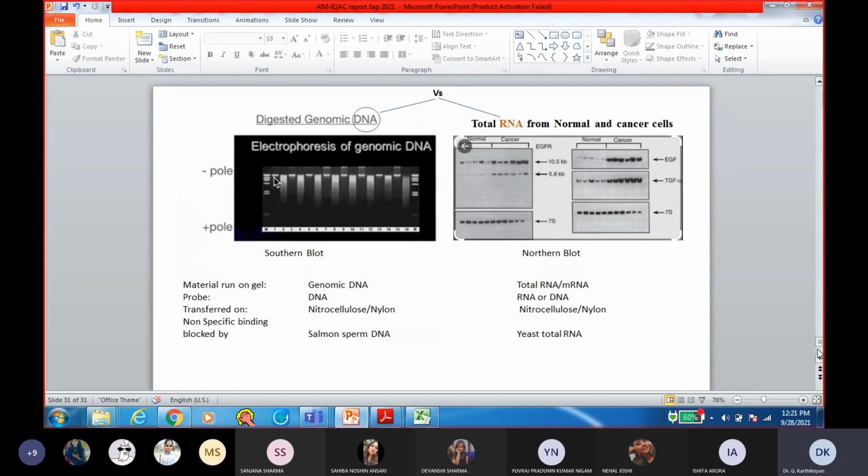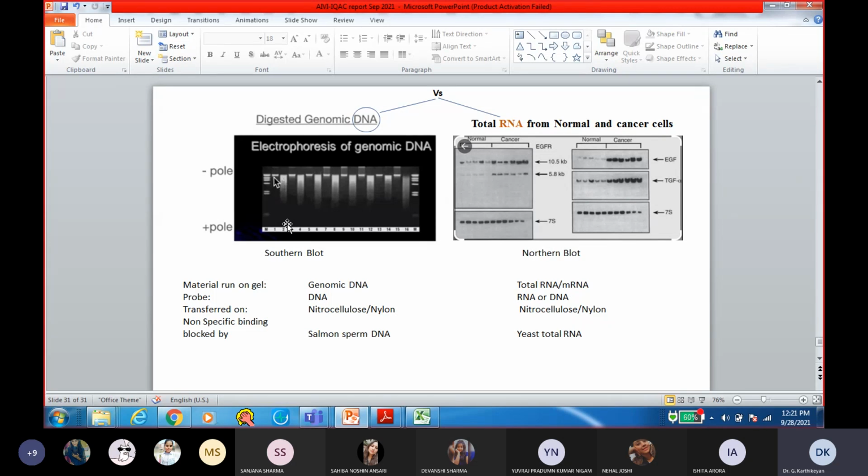So this is something that we saw yesterday, right? In a southern blot, you have genomic DNA, and then you have samples that have been digested with restriction enzymes. Okay, and you're going to run this agarose gel, and because DNA is negatively charged, it is going to go towards the positive pole, right? That's typically the thing.